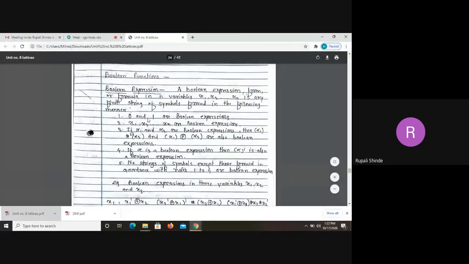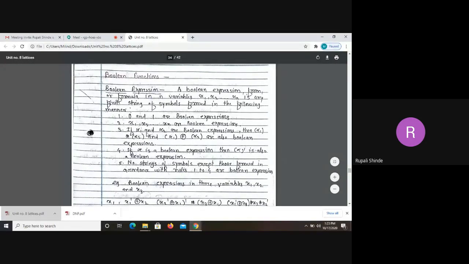A Boolean expression or formula in n variables, that is x1, x2 up to xn, is any finite string of symbols formed in the following manner. 0 and 1 are Boolean expressions. Then x1, x2 up to xn are Boolean expressions.